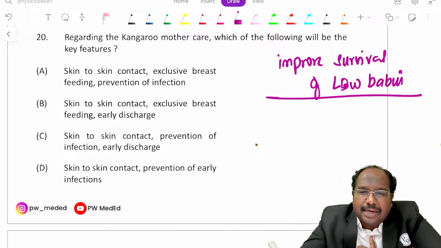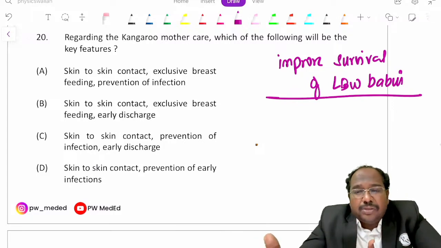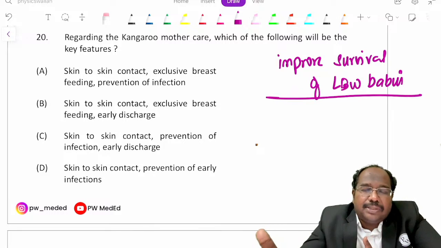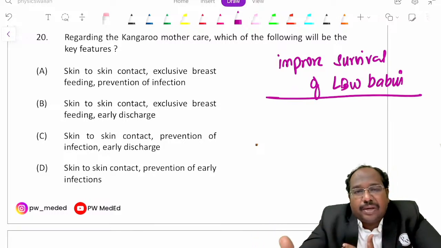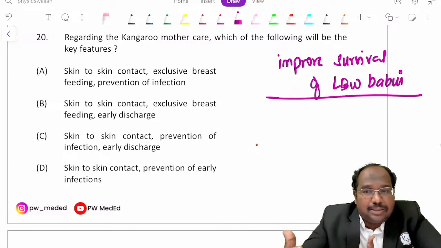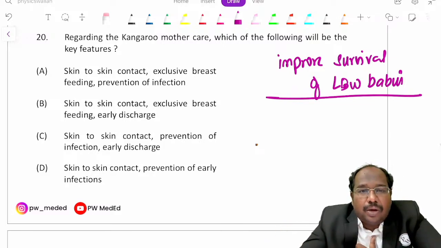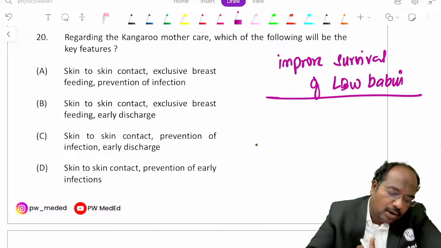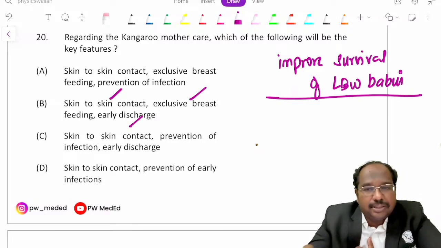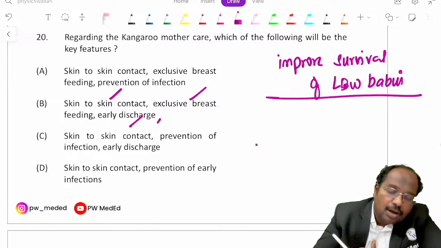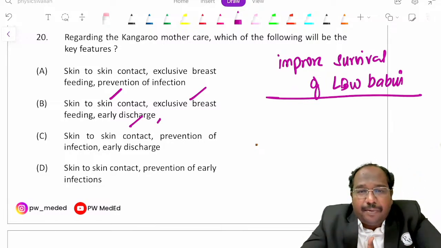It started from Colombia. If you keep the baby in NICU itself, the baby will have more chance of infection. So you put the baby on the mother's chest: skin to skin contact, exclusive breastfeeding, early discharge. If you do this, automatically weight gain of the baby will be there.